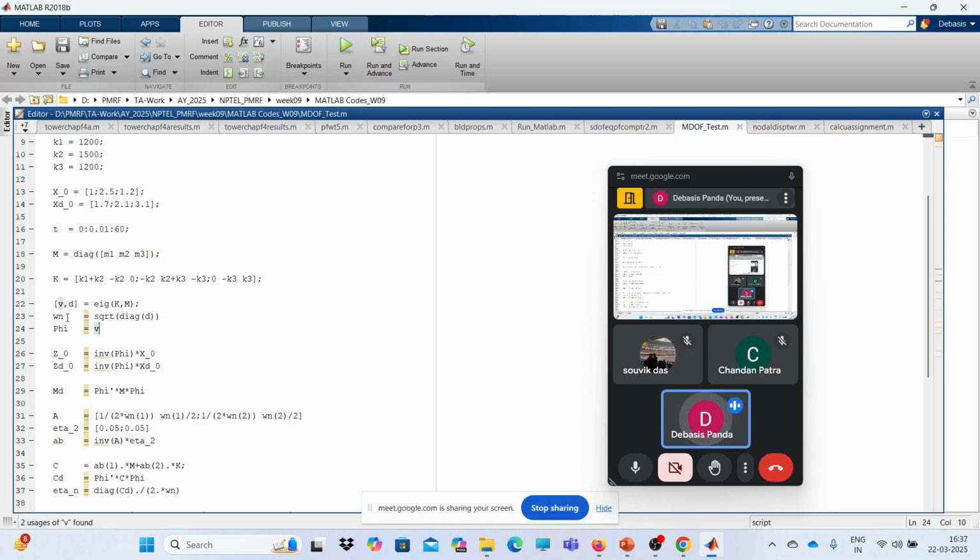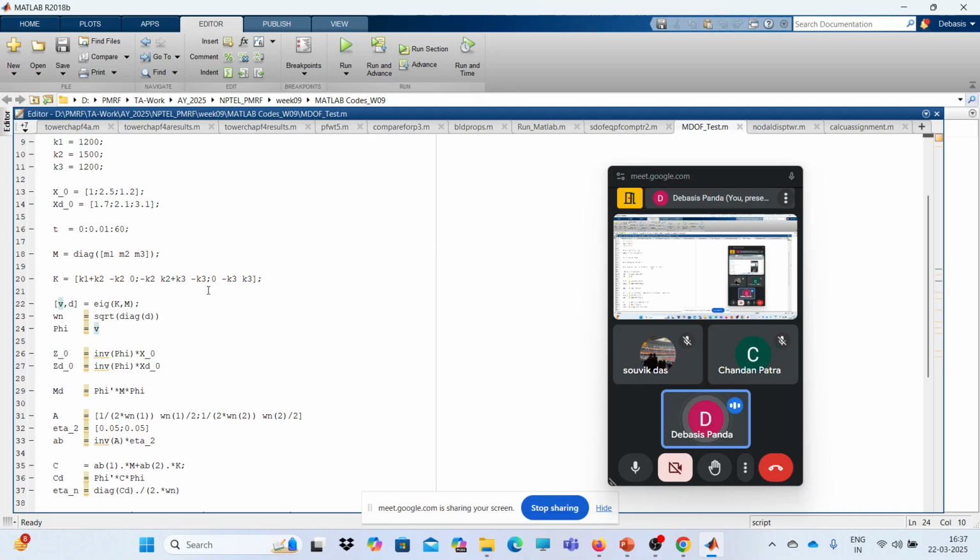So omega n, obviously, will be the square root of this D, omega square. Already we have solved using pen and paper, and we have seen that omega square are the eigenvalues whatever we have calculated, and phi will be the eigenvectors. Okay, so we now have the mode shapes ready with us.